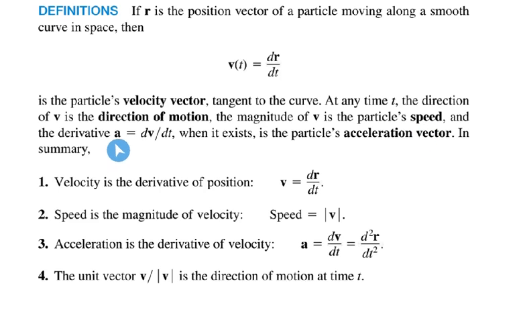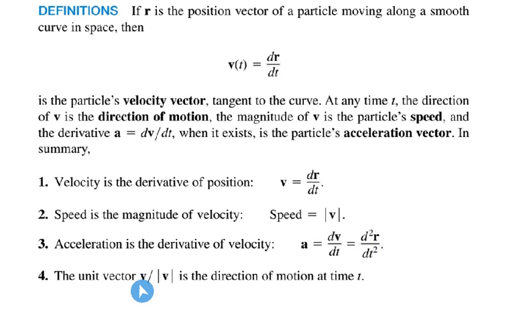And the derivative of velocity, the derivative of v with respect to t, will give us a, our acceleration vector. So velocity is the derivative of position. Speed is the magnitude of velocity. Acceleration is the derivative of velocity, or the second derivative of position.